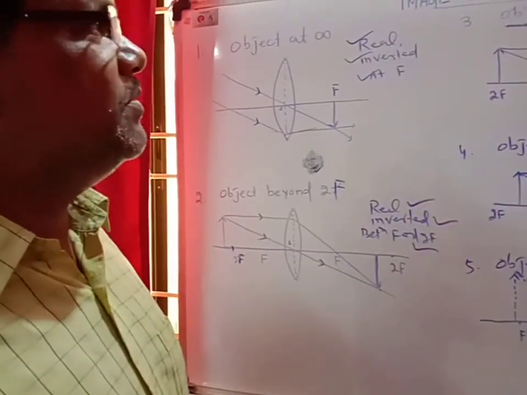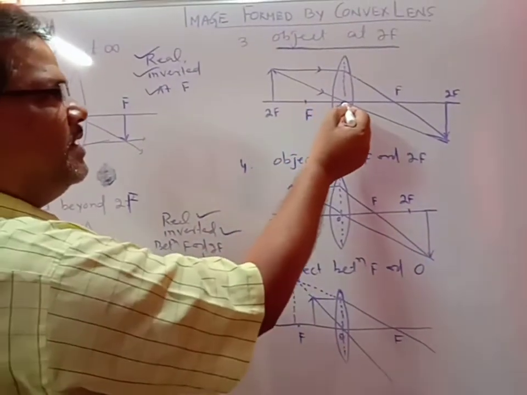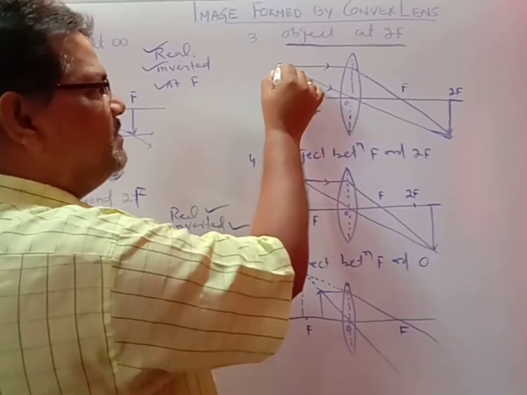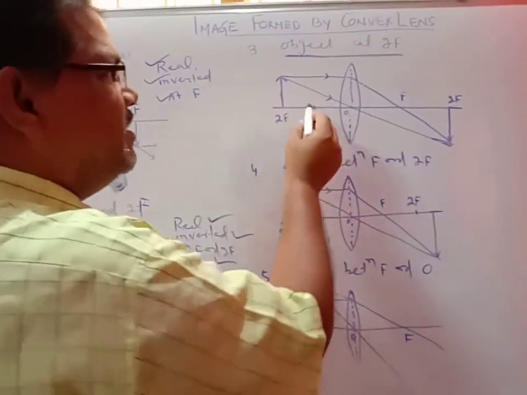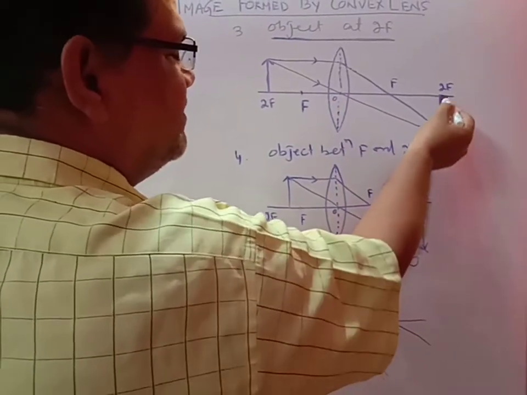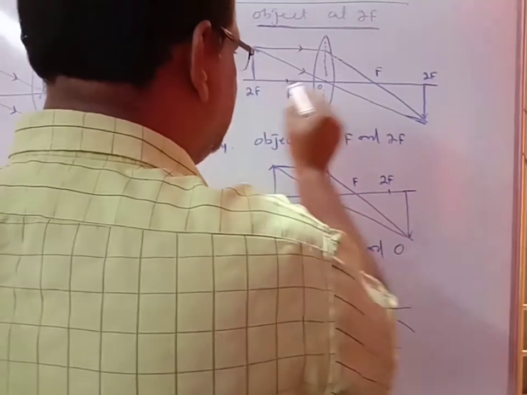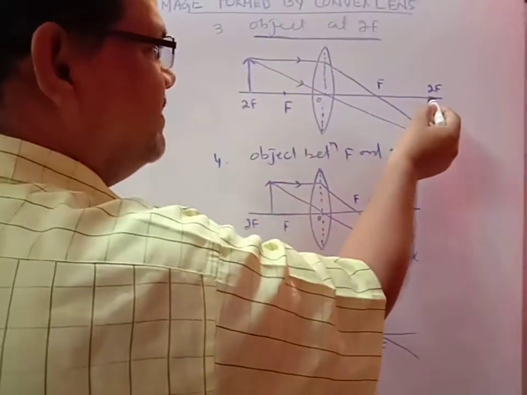The third case is when the object is placed at the center of curvature, that is at 2F distance. Same pattern: one ray is parallel, another is passing through the optical center. After refraction, they meet and produce the image, and that image is formed at 2F. If the object is at 2F, the image also will be at 2F.